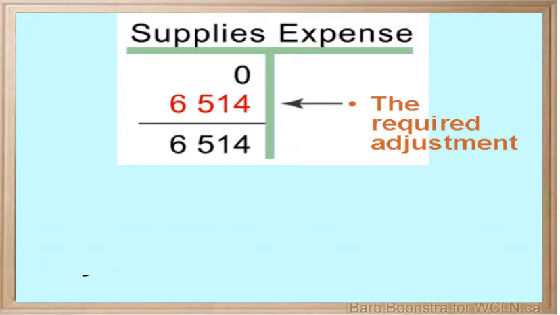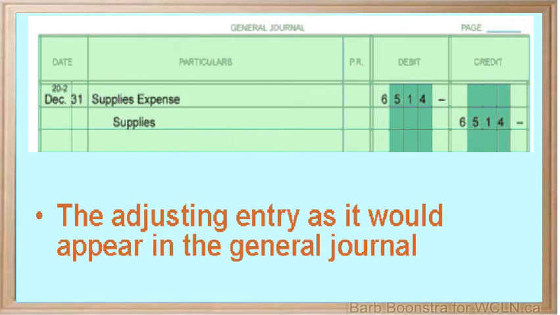So in order to get that debit amount in the supplies expense account, all you have to do is debit it by that amount. This is what the final journal entry would look like: debit supplies expense and credit supplies by the amount of the supplies that you've used up during the year.